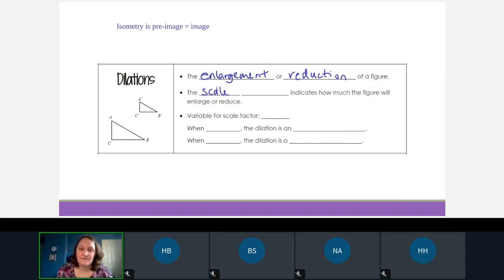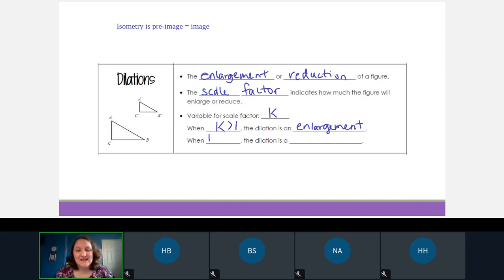So the scale factor will indicate how much the figure is going to get bigger or smaller. For the purposes of our notes, just so I have something to refer to that scale factor, I'm going to call it K. You can call it whatever variable you want. Yep, there you are, you're right. So when your scale factor, so when K is greater than 1, it's bigger than 1, then your dilation is going to be an enlargement. It's going to get bigger.